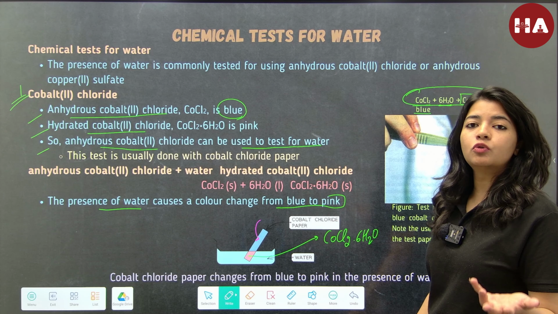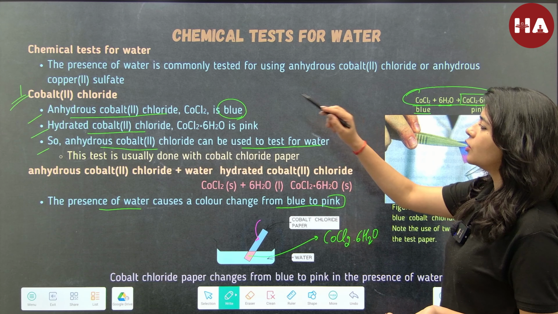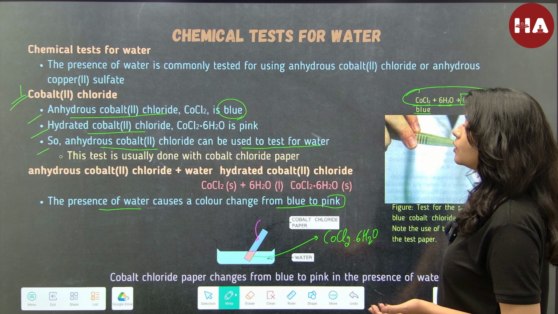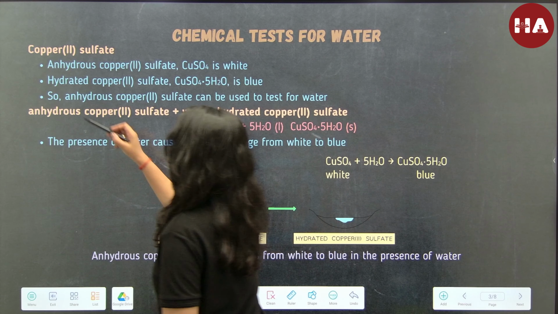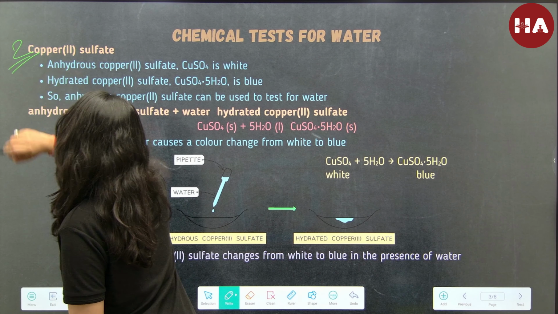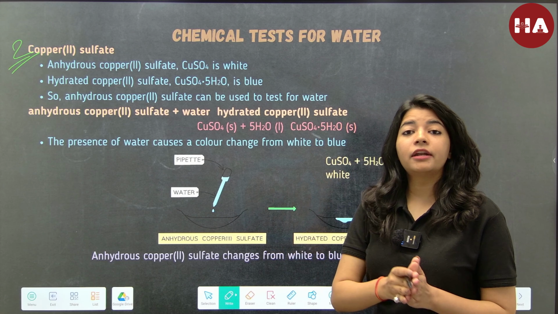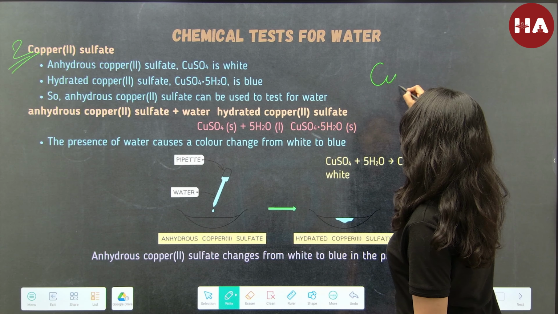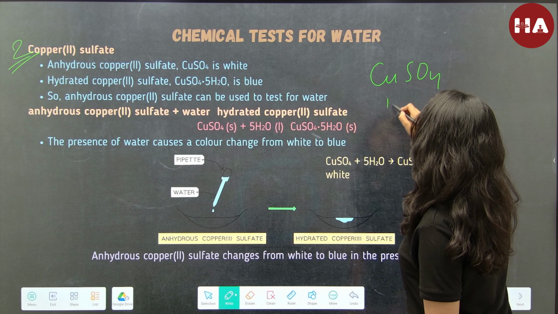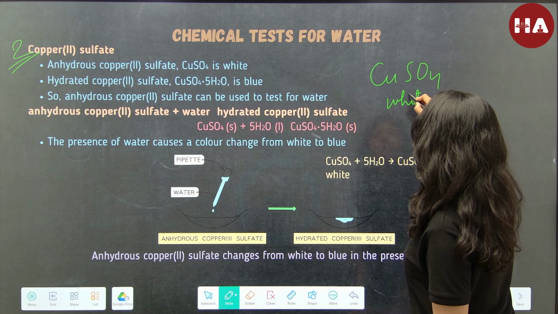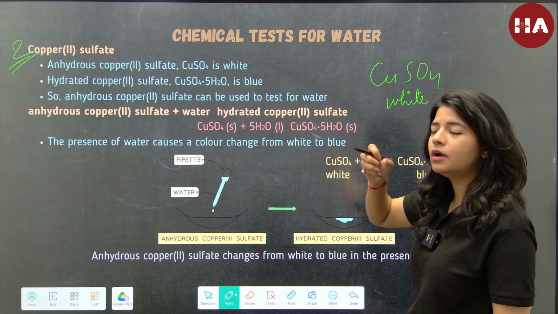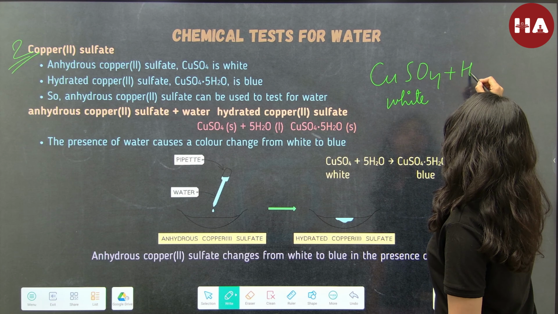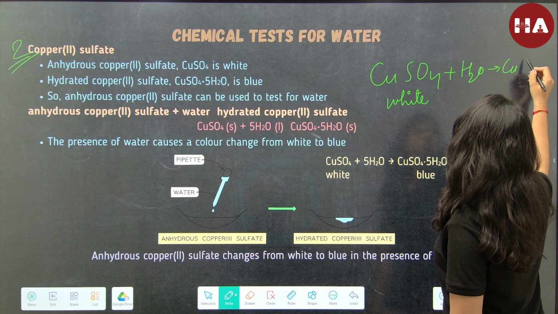Next, we can also use copper sulfate. Okay, other than cobalt chloride, we can also use copper sulfate. This is the second method to test the presence of water. The anhydrous copper sulfate, which is CuSO4, is white in color, and when we dip this into the water, the color changes to blue.